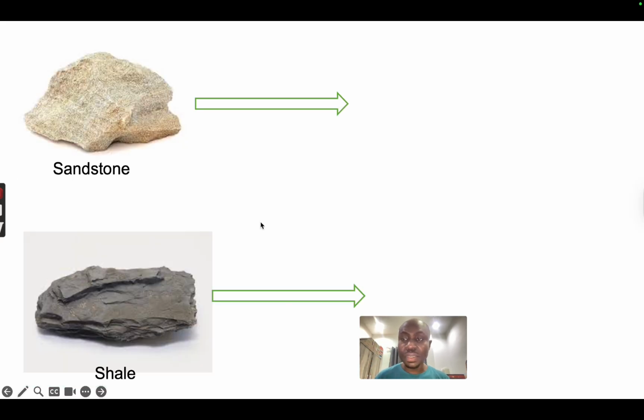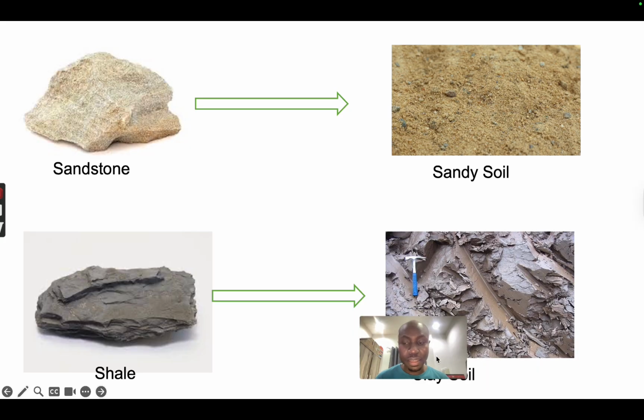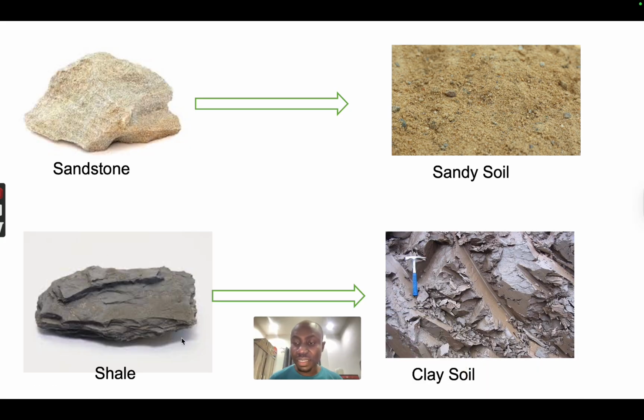For example, if the parent rock was sandstone, this rock is called sandstone, they usually make sandy soil, which is different. And if the parent rock is shale, this rock is called shale, it usually forms clay soil. So different rocks can form different types of soils.